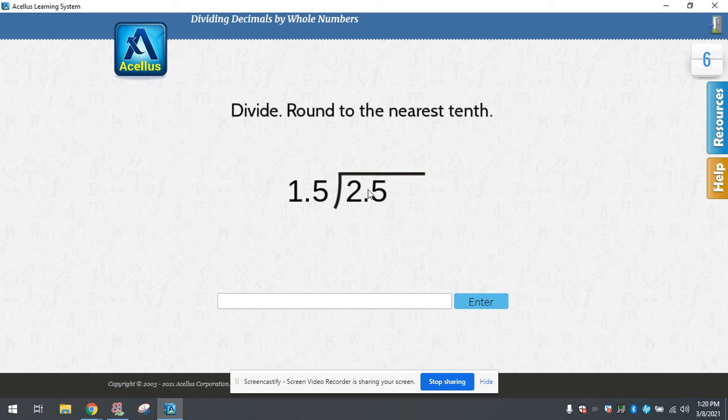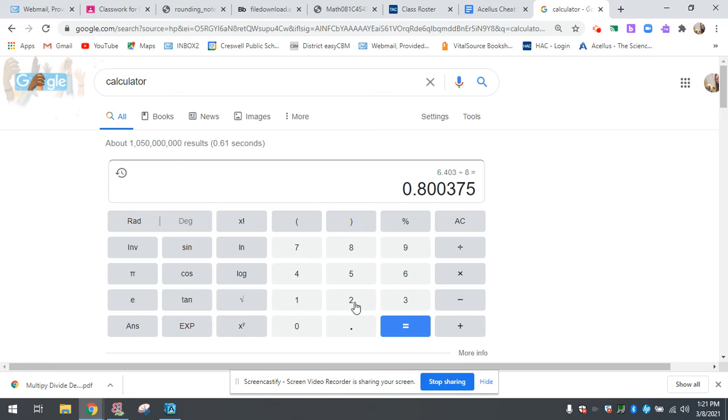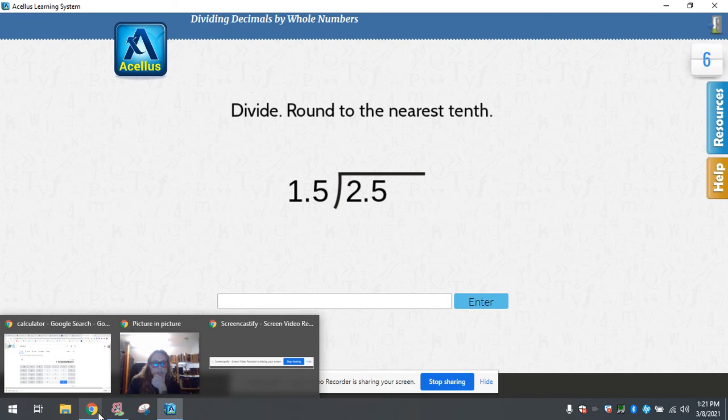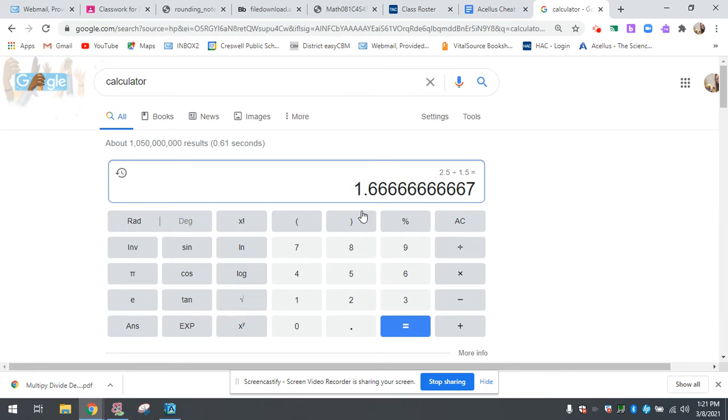Okay, 2.5 divided by 1.5 equals 1.66666 repeating. Round to the nearest tenth. So again, we have this 6 in the tenths place.